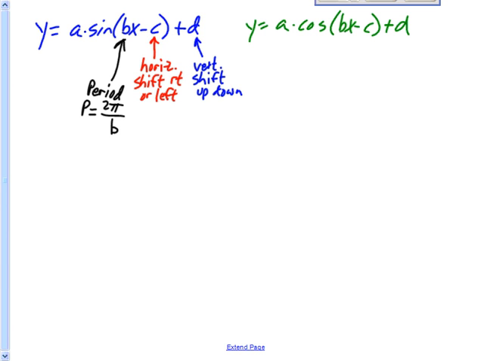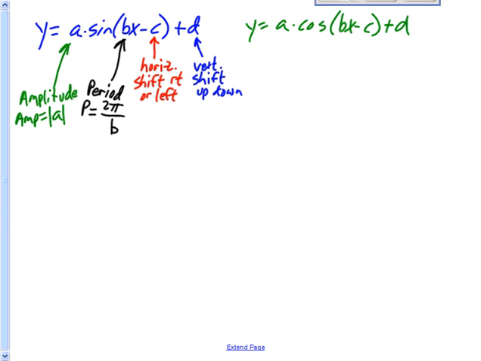And then that A is for our amplitude, and to get that amplitude, it's simply the absolute value of A. Amplitude is the absolute value of that number.